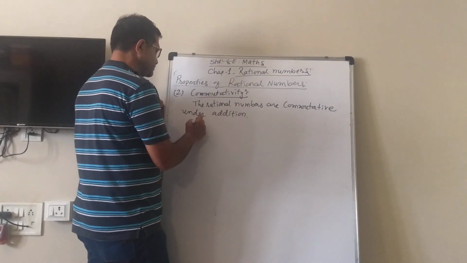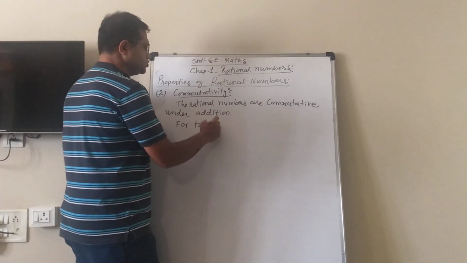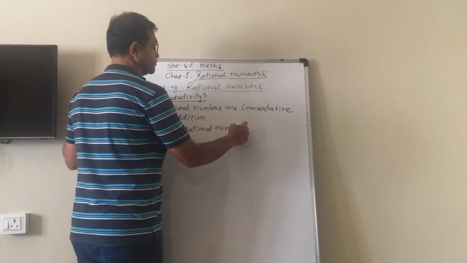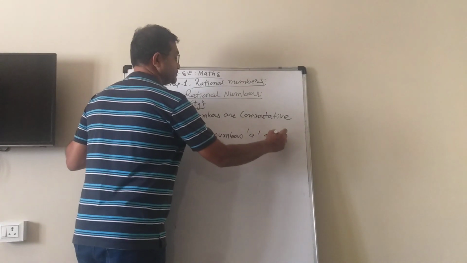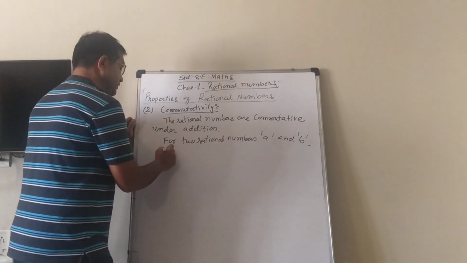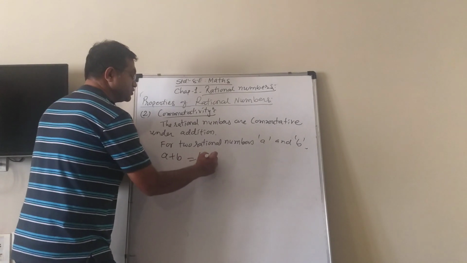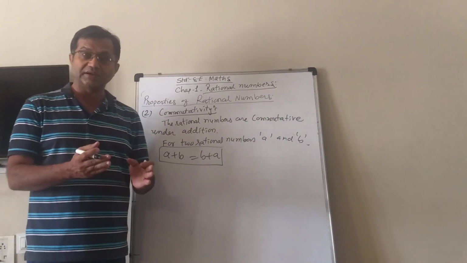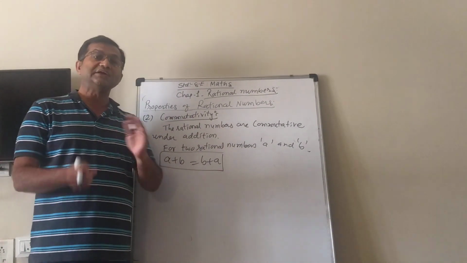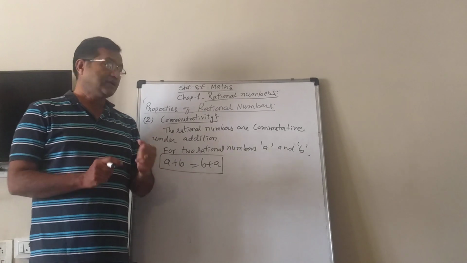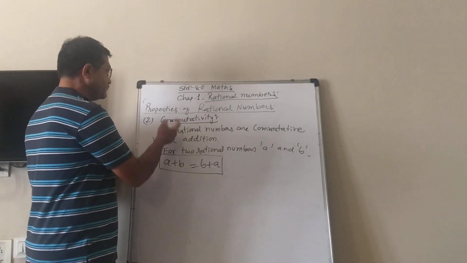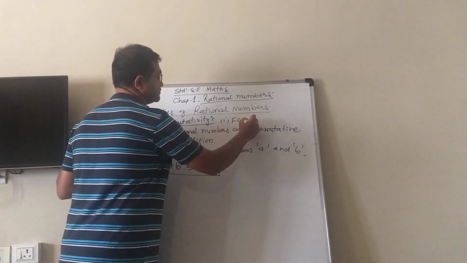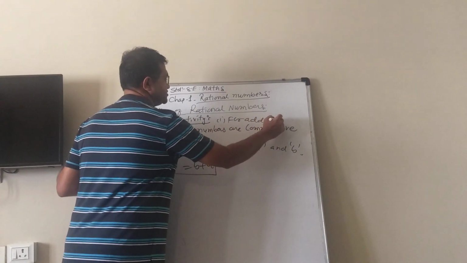It means that for 2 rational numbers A and B, A plus B is equal to B plus A. It means that you can add 2 rational numbers in any order. Similarly, we can check for subtraction. Here we learned for addition. That one was for addition.